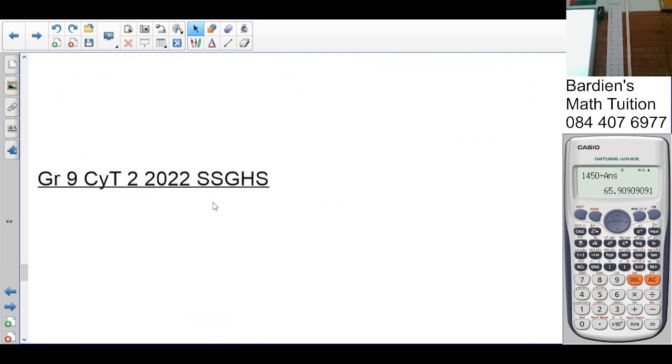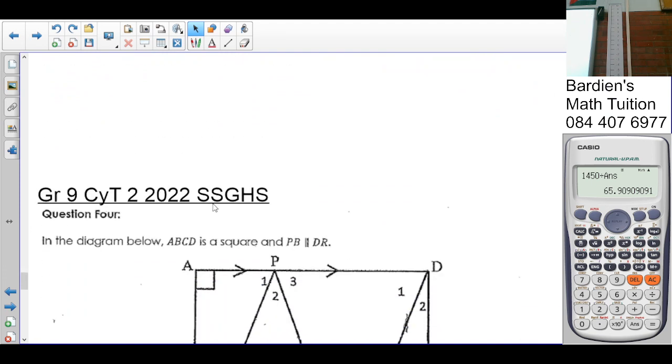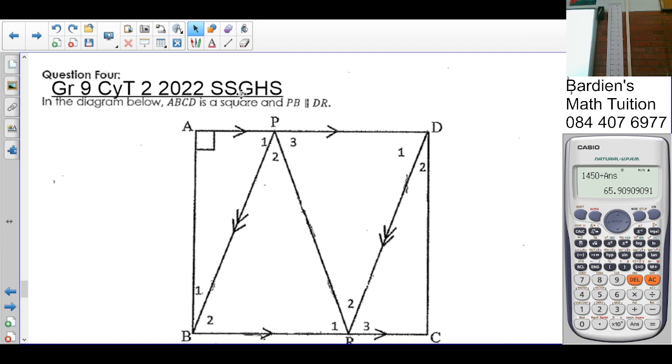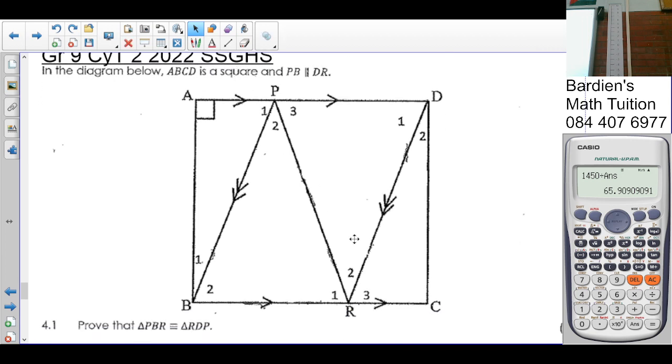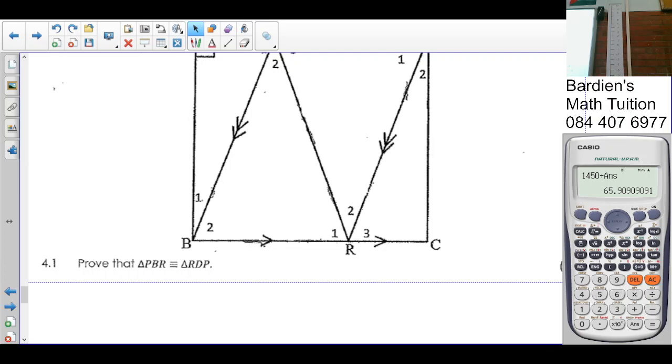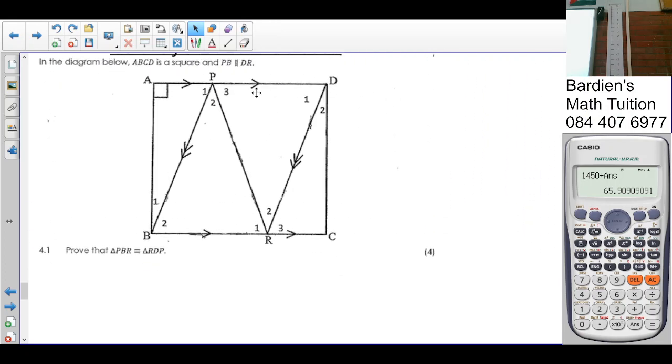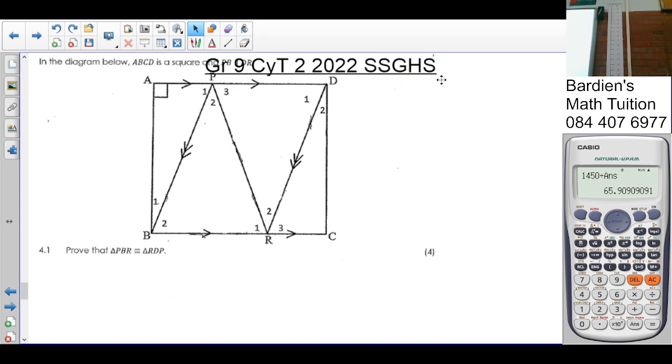Then we carried on to question 4. In question 4, we are told that in the diagram below, ABCD is a square. Now the properties of a square come to mind, okay.